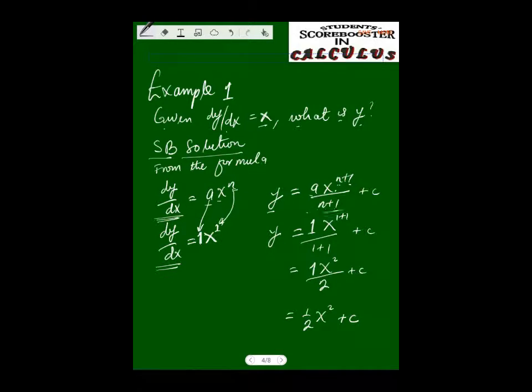So y is equal to 1, x stays what it is, then n is also 1, so x raised to power 1 plus 1 over 1 plus 1, plus c. If you simplify everything, you have 1 times x raised to power 2 over 2, which is 1 over 2 x squared plus c. That is the final answer, as simple as that.